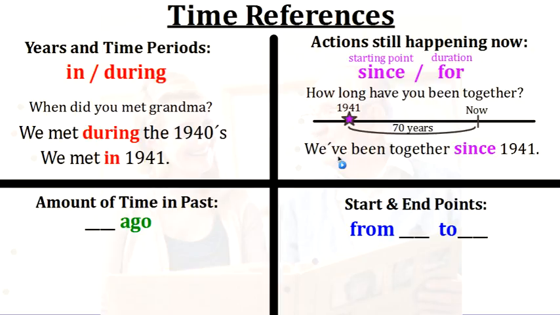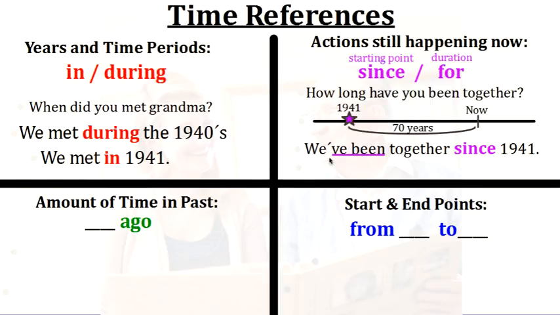Now let's look at this specific grammar. We remember this is the present perfect, so that's using the auxiliary have and the past participle, right? And when we use this combined with since, that means that they are still together, right? But it started in the past. It started in 1941. So we say we've been together since 1941.